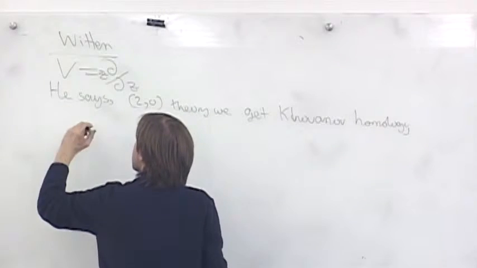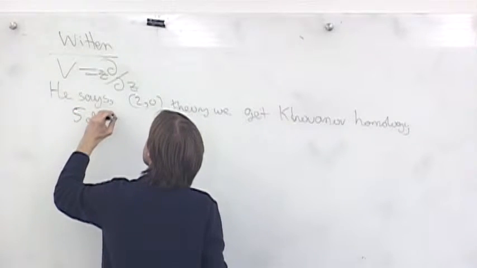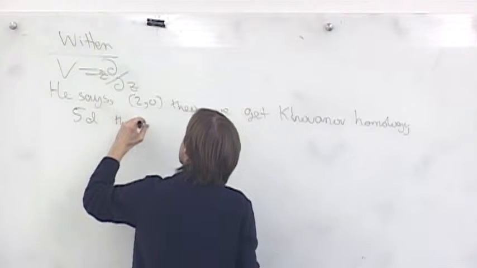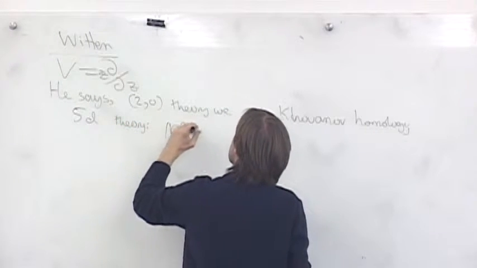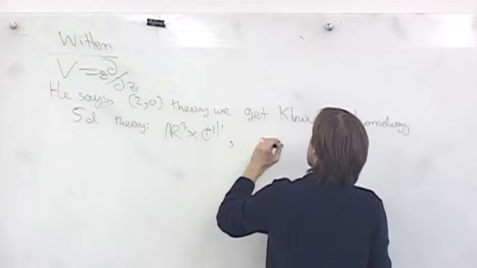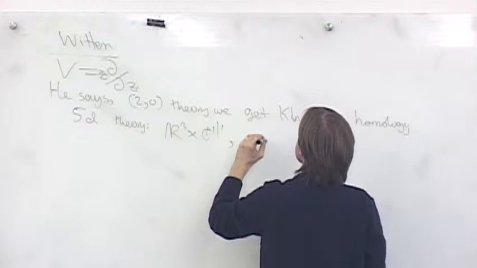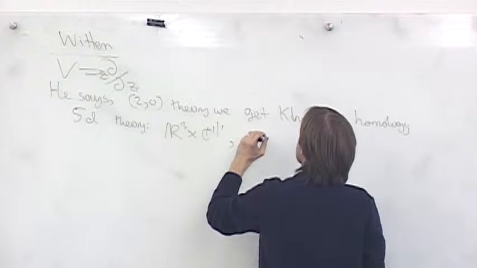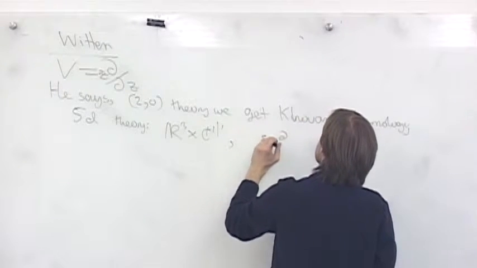And so in the 5D theory, we have the theory here now on R3 cross C1/1 with differential epsilon z d by dz.